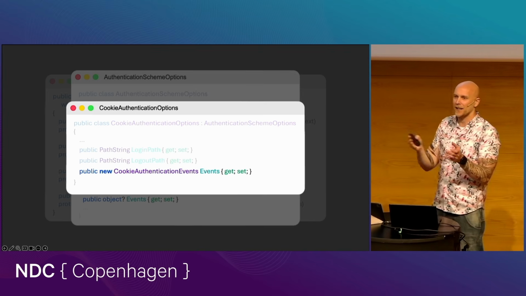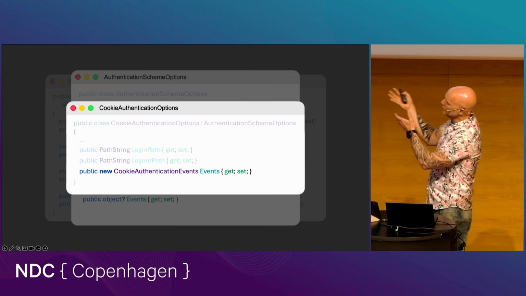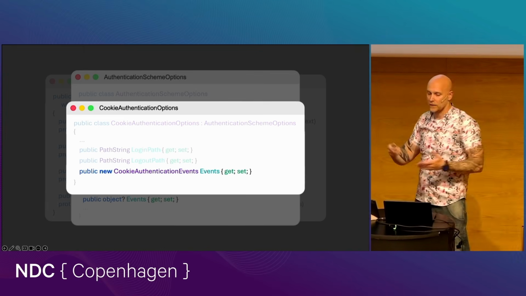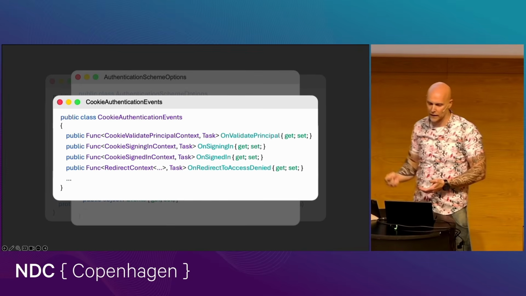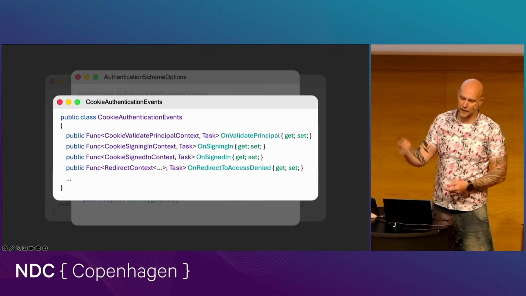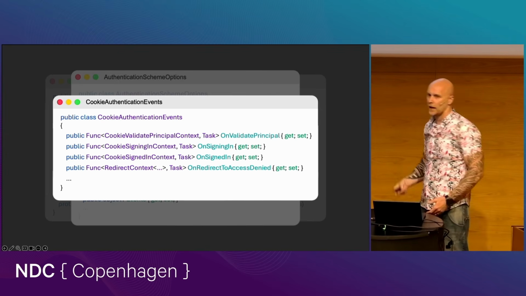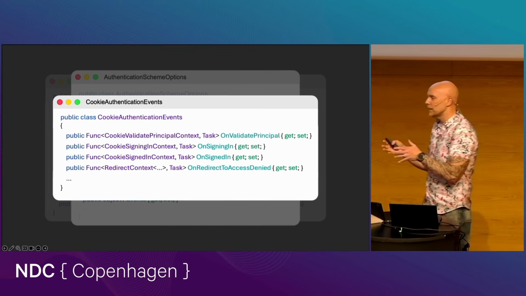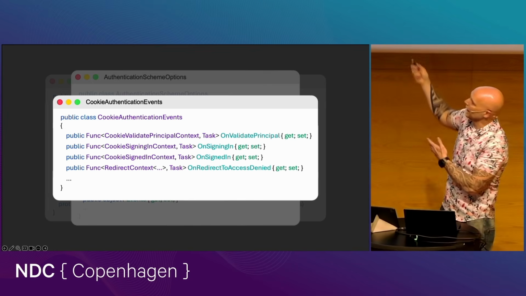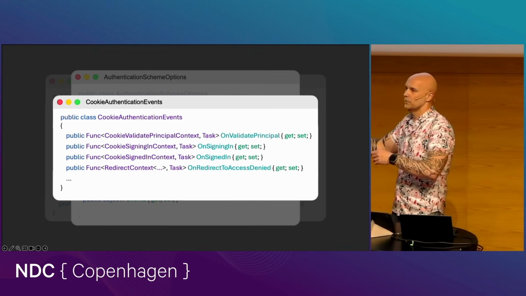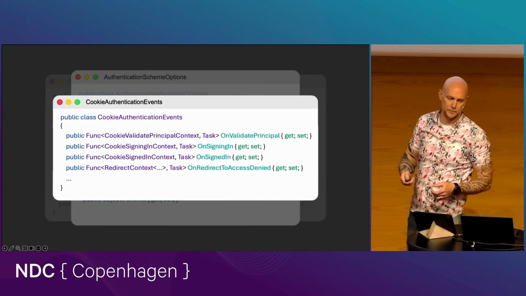It always feels like a hack to use new, but it's done here. So it goes public new, cookie authentication events, and then there are specific events for cookie authentication like on validate principal, on signing in, on signed in, on redirect access denied, on redirect, all of these things that you might be interested in plugging into as extension points. Those are then added to these events, and they are added to the options so that your handler can have a look at those and figure out what to do.